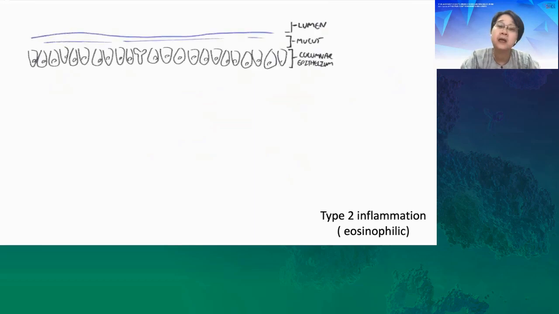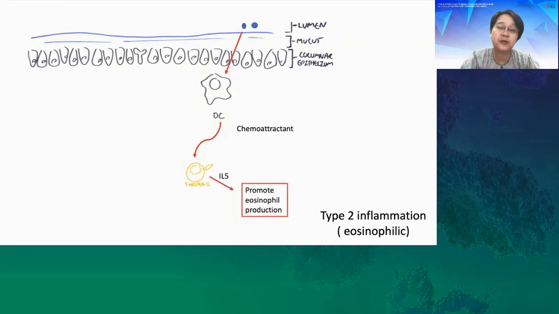So we have the lumen, your mucus, and the columnar epithelium, and you have your allergen. When the allergen is inhaled, it is engulfed by the dendritic cells, and the dendritic cells then release chemoattractants, causing Th2 helper cell recruitment and the secretion of cytokines.